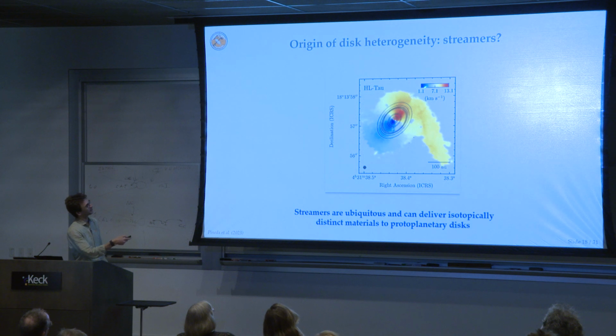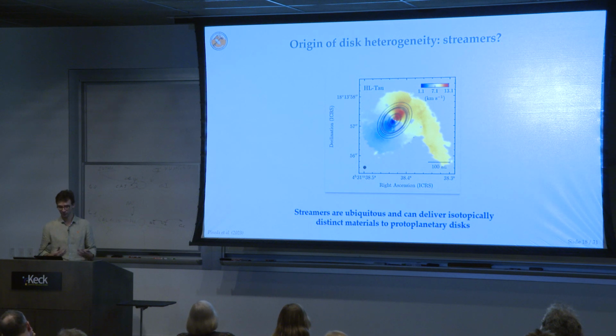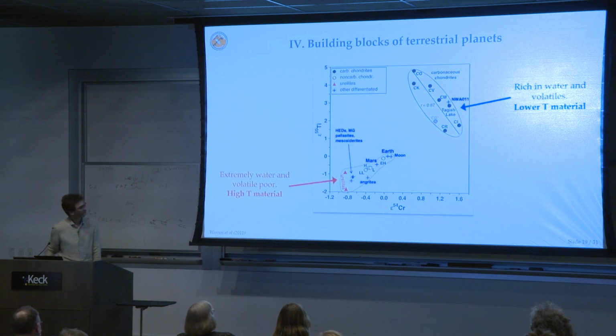So this is 1 kilometer per second movement here, 13 kilometers per second here. So this parcel of gas is moving 10 times faster than this one, and they're just moving past each other. You can deliver material with an isotopic composition that is different from the protoplanetary disk onto the protoplanetary disk. And this happens at every stage of the disk formation. So you should actually expect that the disk will have heterogeneity imparted and imposed onto it.